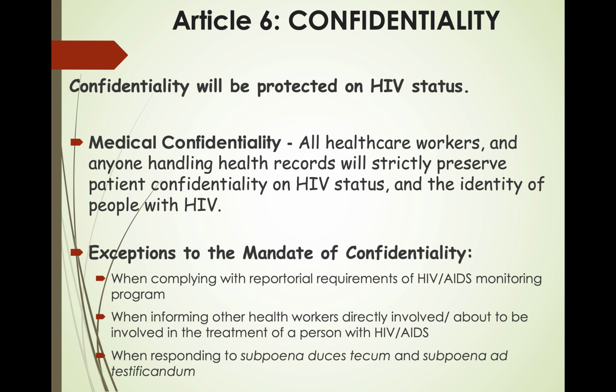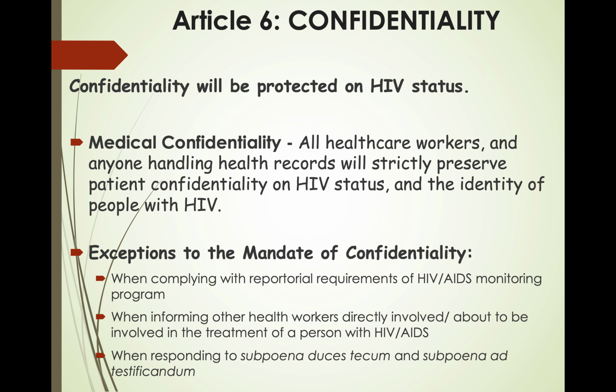Aside from that, when informing other health workers directly involved, or to be involved, in the treatment of a patient with HIV/AIDS. An example of this: when I was in practice before, we had a particular paper posted in every machine, for example a hematology or clinical chemistry machine.